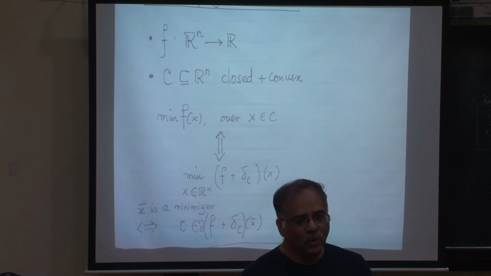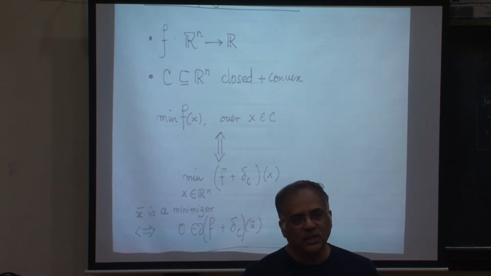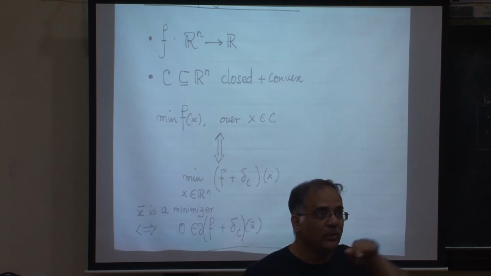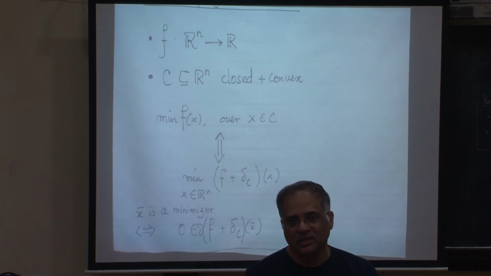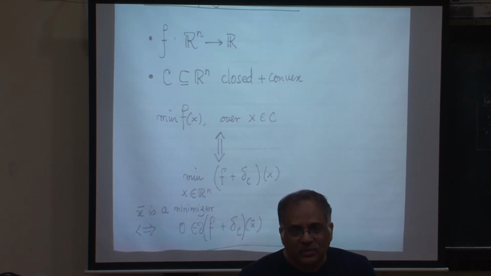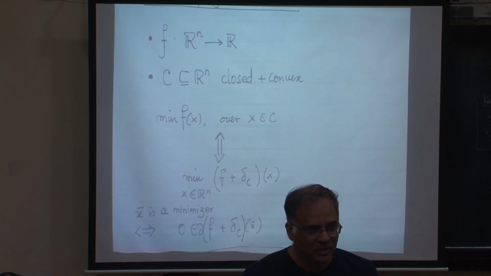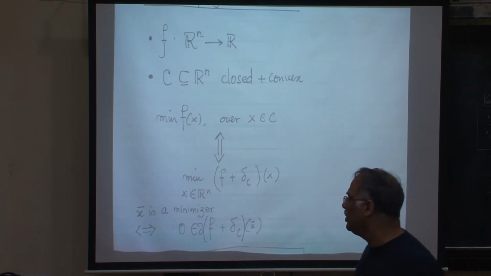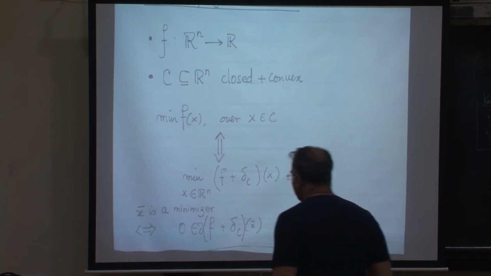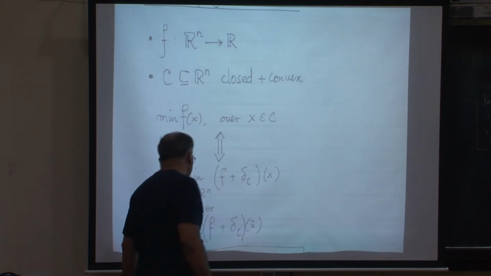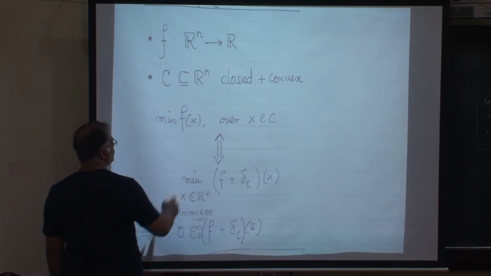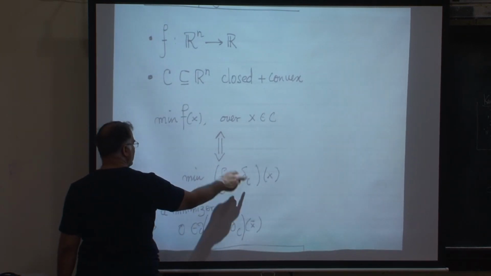That is, if you are out of C, you pay infinite penalty, so you are forced to remain inside the feasible set. If you are inside the feasible set, delta C of x bar is 0, so there is no penalty. So, these two problems are equivalent, which you can easily show, but maybe you should try it a bit yourself.